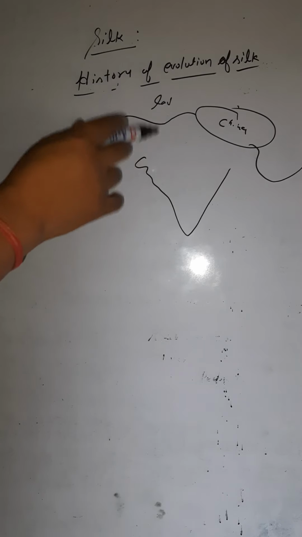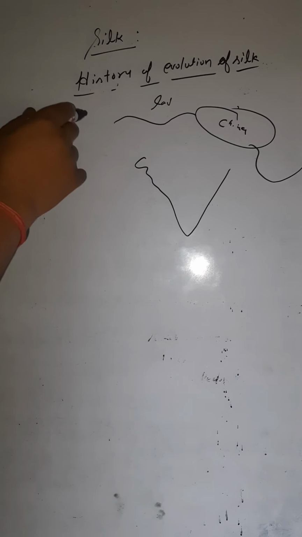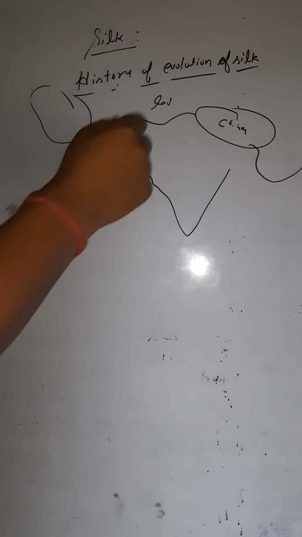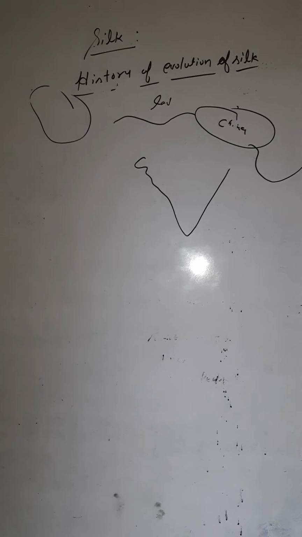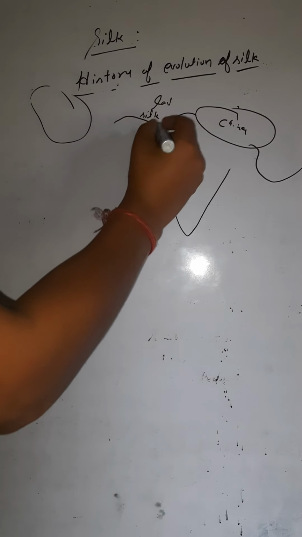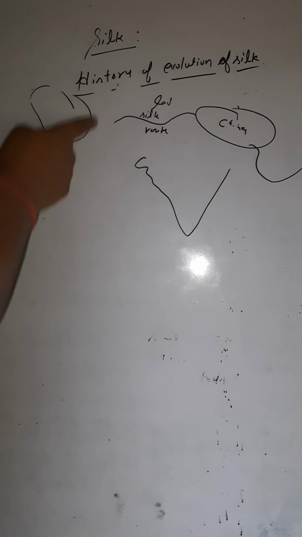The trade of silk went through the land routes to many parts of Europe, and the route became famous as the silk route, the land route through which silk was traded from China to other parts of Europe.